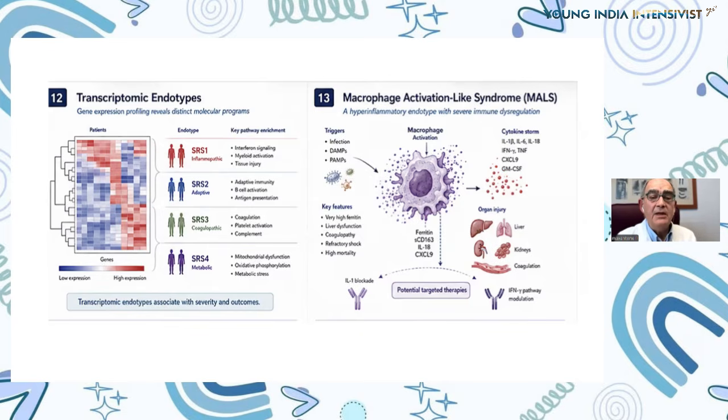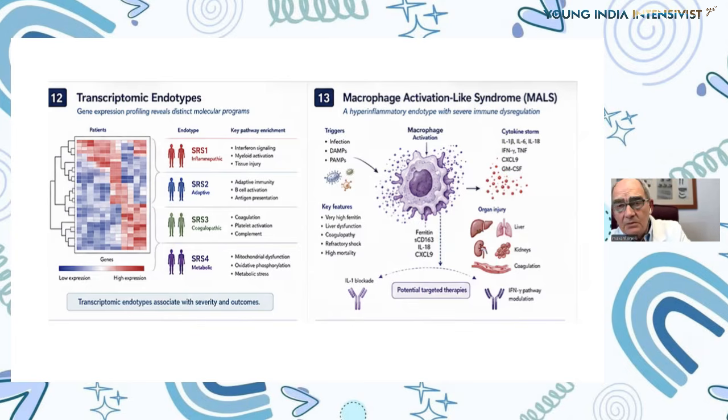And finally, the metabolic one, where what is evident is the mitochondrial dysfunction. And we have a derangement of the oxidative phosphorylation and metabolic scrap. The real matter is that these different endotypes are associated with different severity and outcomes.